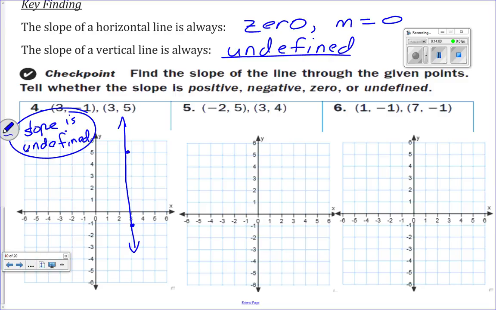-2, 5, and 3, 4. That one's not vertical or horizontal, right? So that one's going to have a slope. I went down 1. So my rise is a -1 because I went down. That's a negative slope.